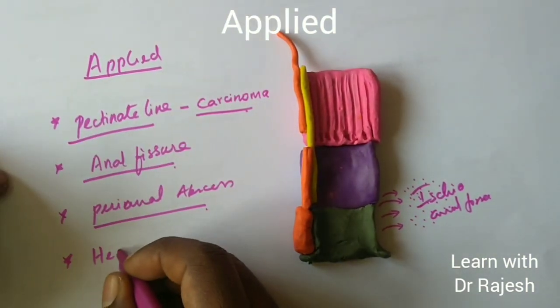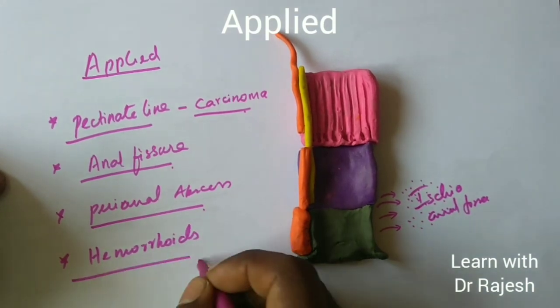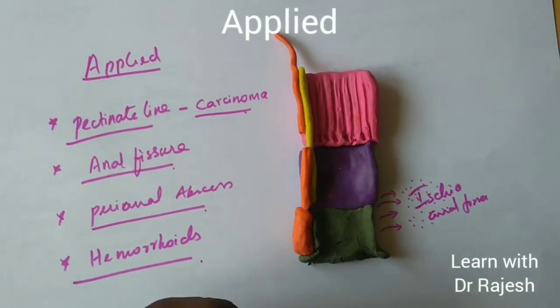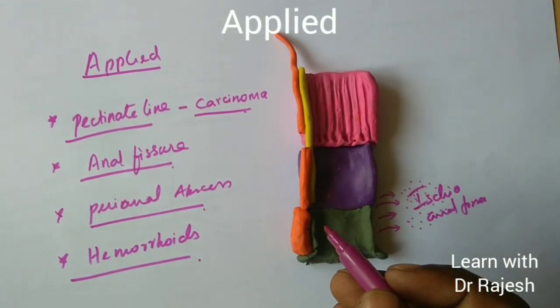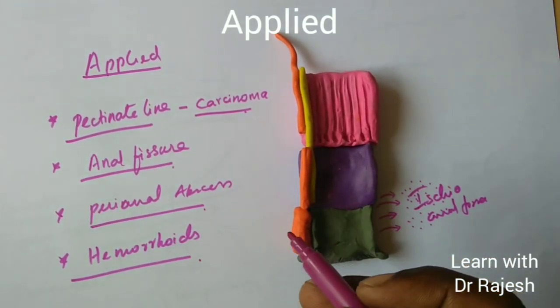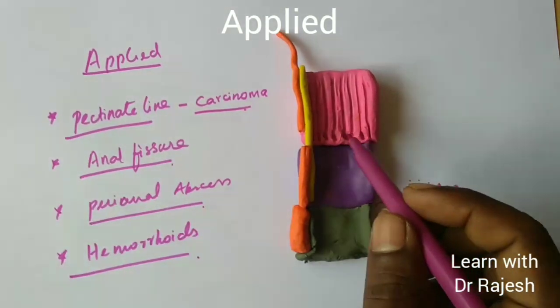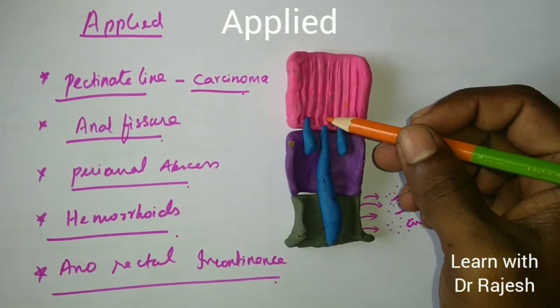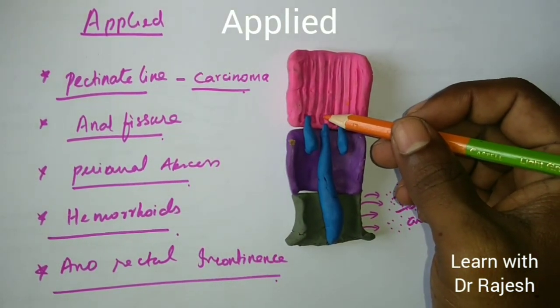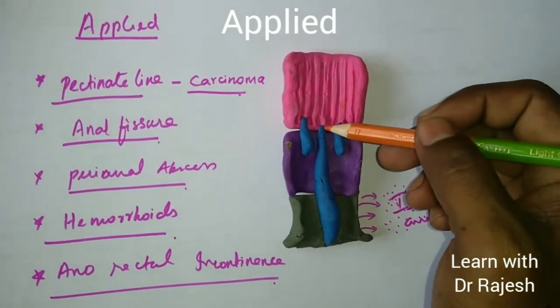Okay. The next applied importance is the hemorrhoids. So these hemorrhoids, we had already discussed when we studied the venous drainage of the anal canal. So we know the positions of the internal hemorrhoids. These are nothing but the prolapse of the mucosa and the submucosal venous plexus, which are present along the upper part of the anal canal.